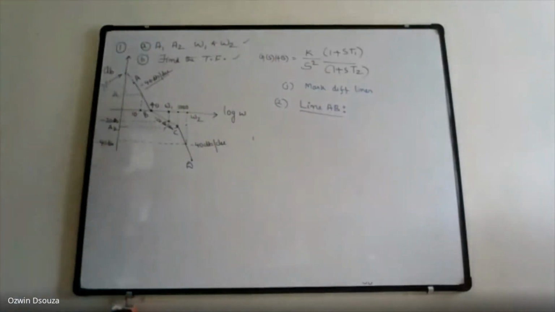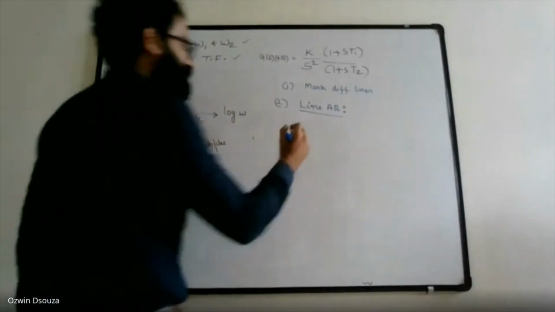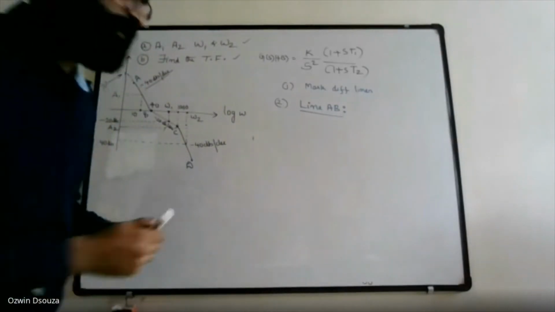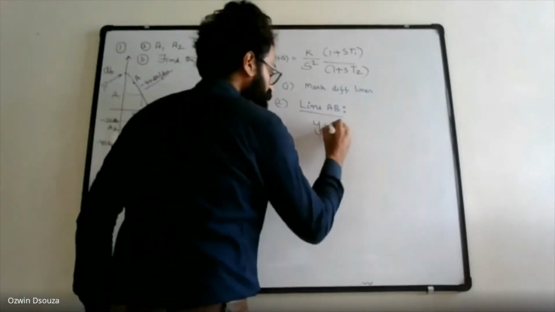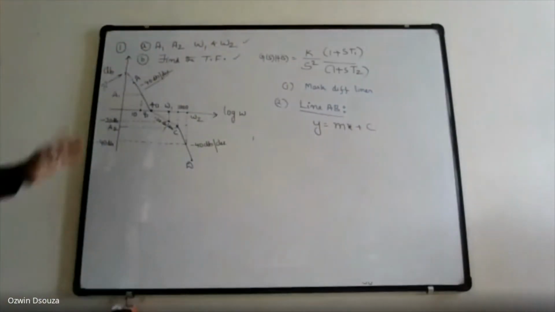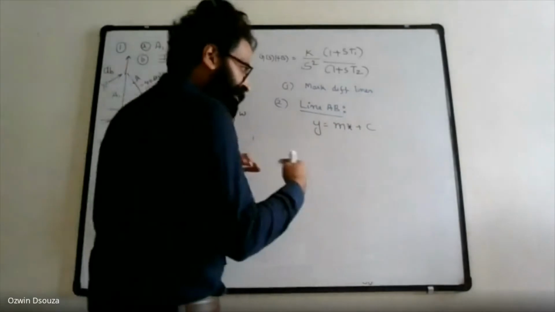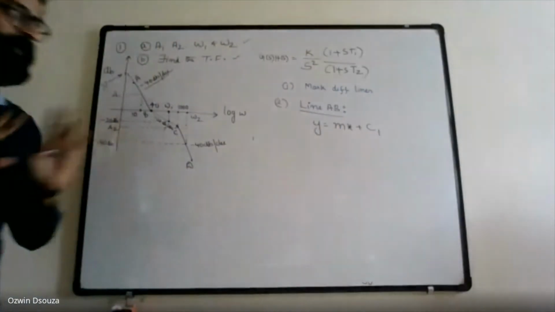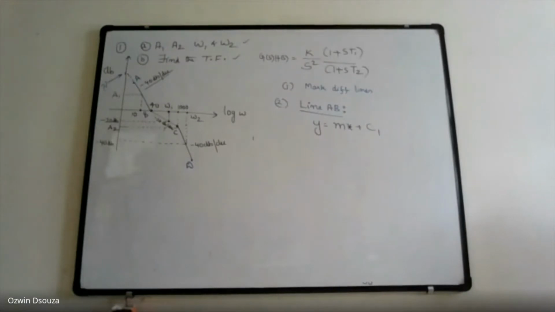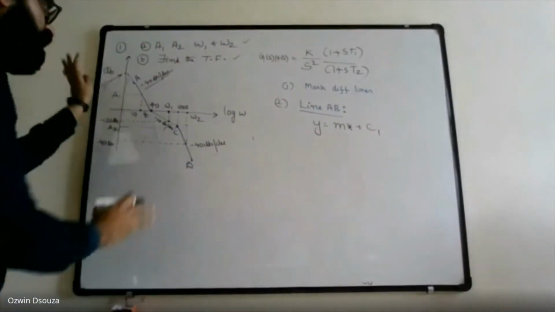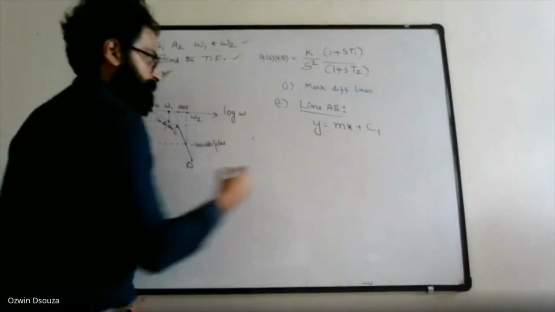It's a straight line, so let us write an equation for a straight line. The equation for a straight line is given as y is equal to mx plus c. Now, since we have three lines, to distinguish this constant, we can take y is equal to mx plus c1.